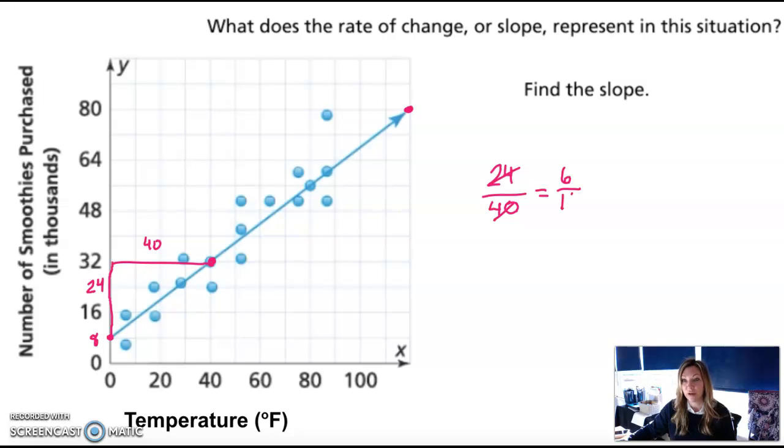If we can simplify it again, usually if they're both even, we can divide by 2. 2 goes into 6 3 times. 2 goes into 10 5 times. So we can see that our slope is 3/5, which means 3,000 smoothies per 5 degrees Fahrenheit. And that's all. If you have questions, please let me know.